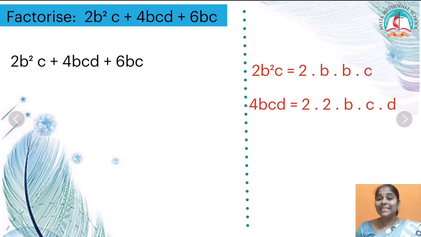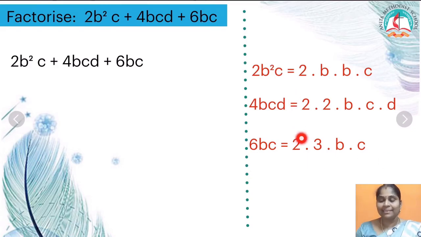So 4bcd is equal to 2 into 2 into b into c into d. What is the next term? 6bc. How to write 6? 2 into 3. Yes. So we can write this as 2 into 3 into c into b. Now look at these 3 factors. What is common?